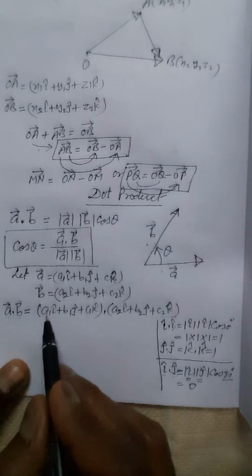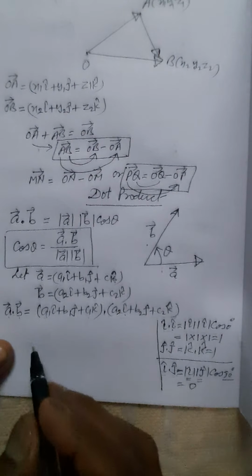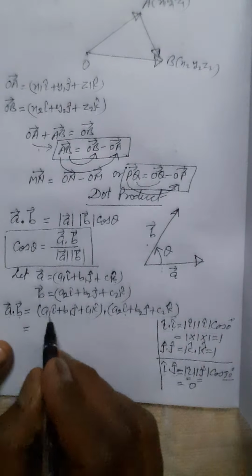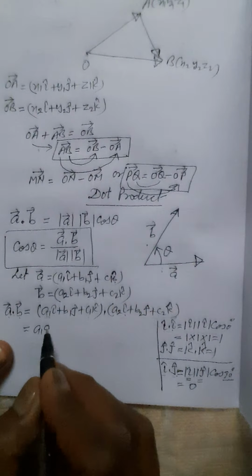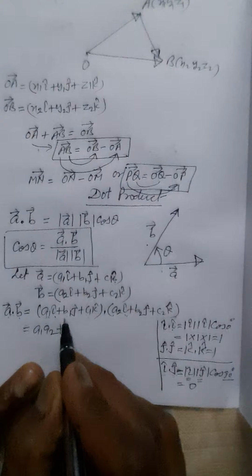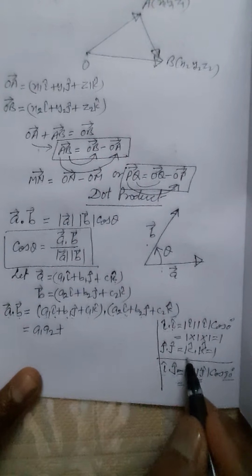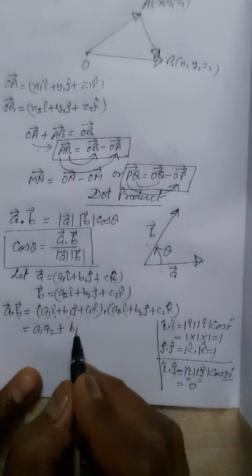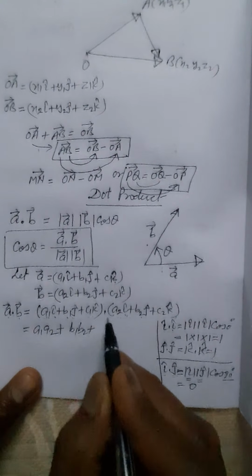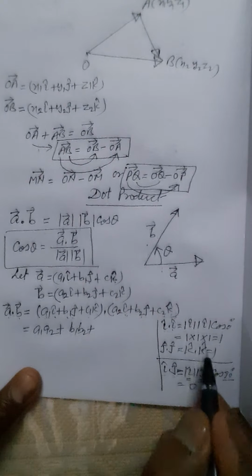If you multiply i dot i, that will be 1 with the help of this. So your result will be A1 into A2, i dot i is 1, plus B1 B2, j dot j will be again 1, plus C1 C2, k dot k will be again 1.